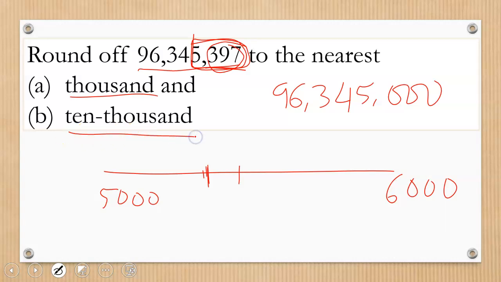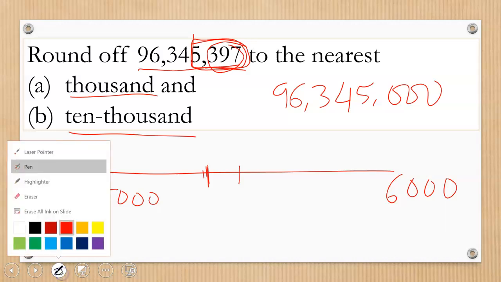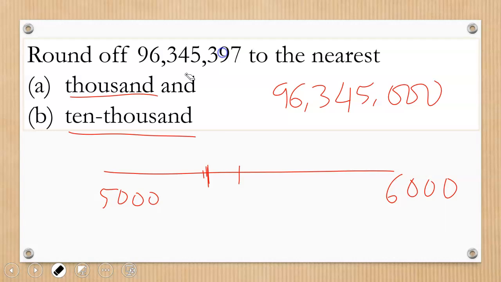Then to the nearest 10,000, we are now going to consider it in terms of 10,000 starting from here. So it is 45,397. We are going to call this one 96,345,000 plus. But because we're talking about 10,000, in terms of the thousands it should be either 40,000, 50,000, or 60,000.